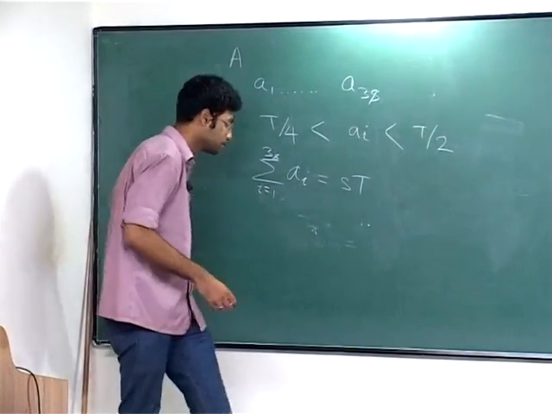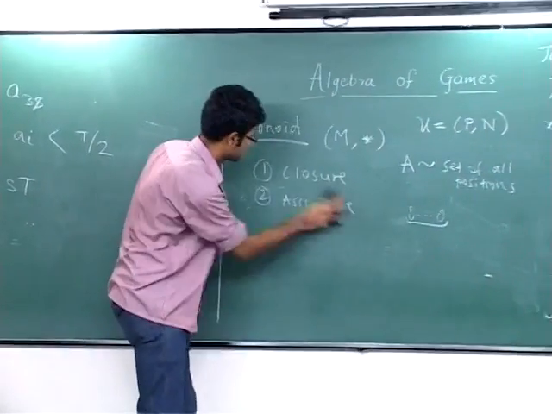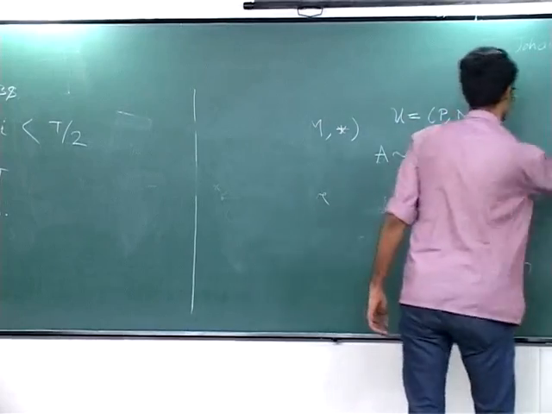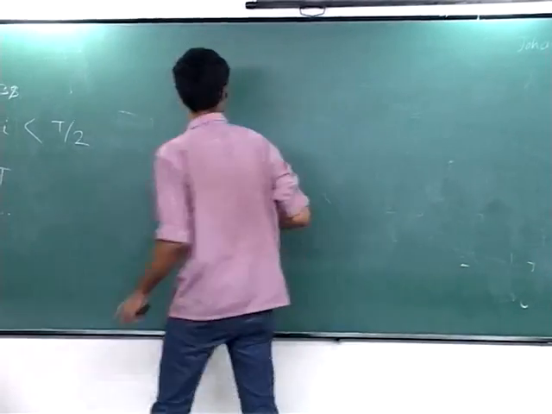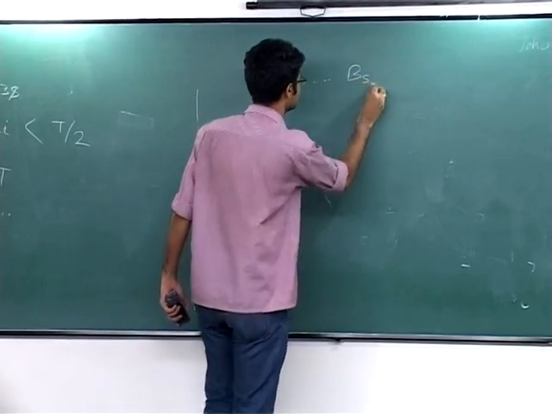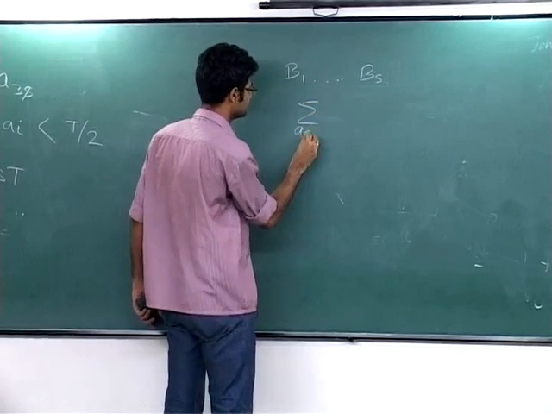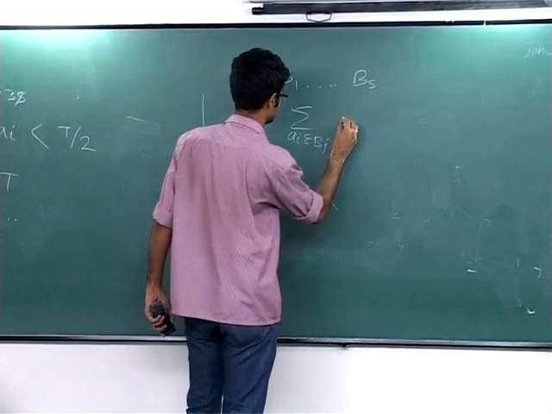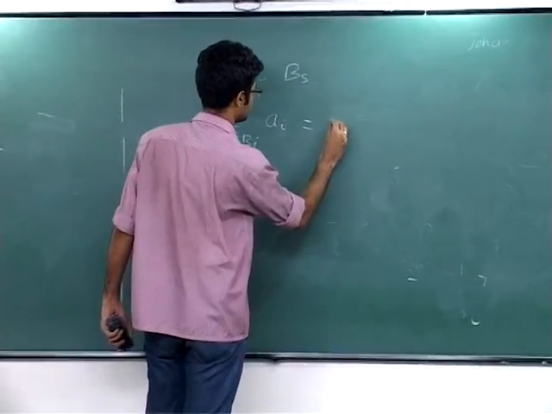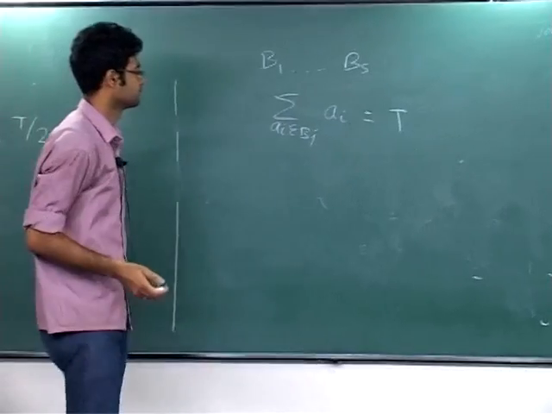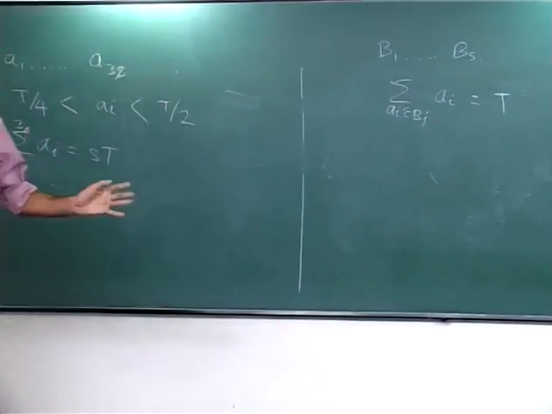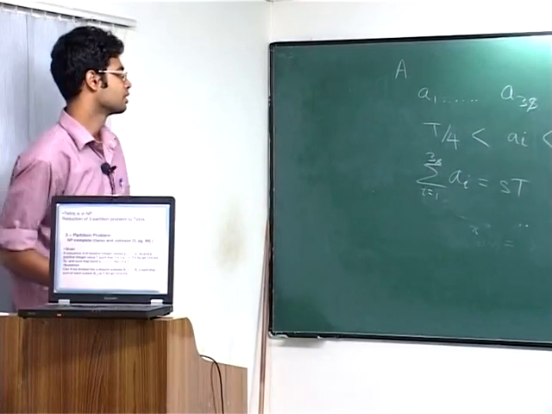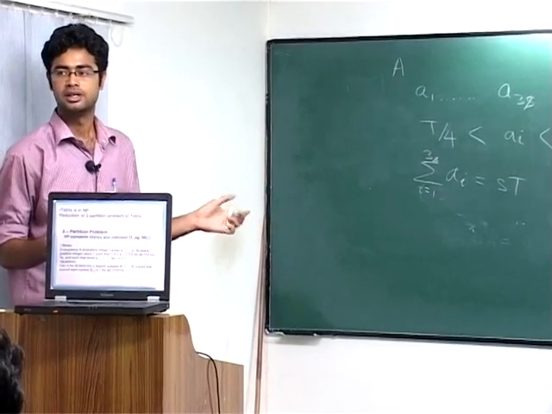So basically I would have subsets B_i such that the sum of the elements a_j belonging to B_i is equal to T. The B_i are disjoint subsets, their union is simply A, and the sum of each of these subsets is T.